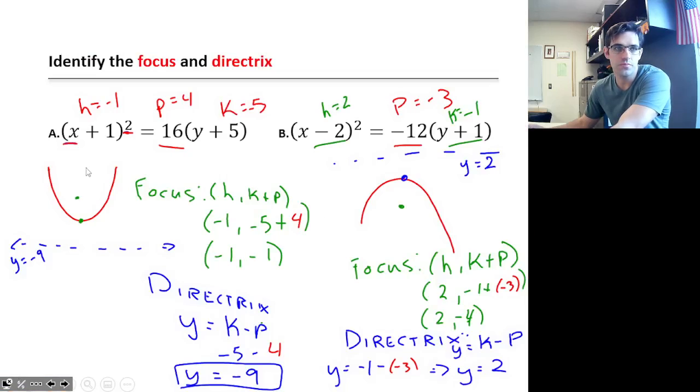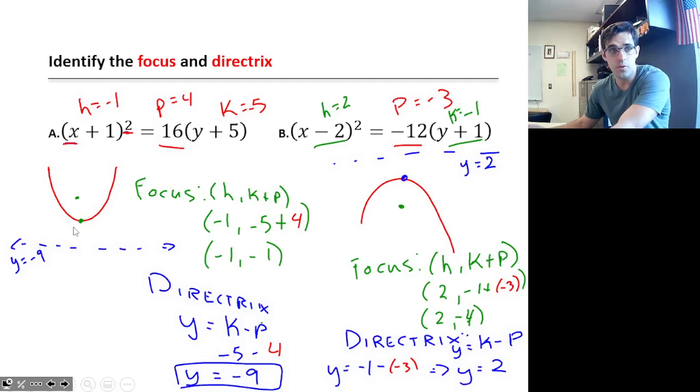Here's the equation. Our vertex for the first example is (-1, -5). Because it's x squared and because p is a positive number, I know this is a parabola that opens up. So my vertex is at the point (-1, -5). My p-value is 4.